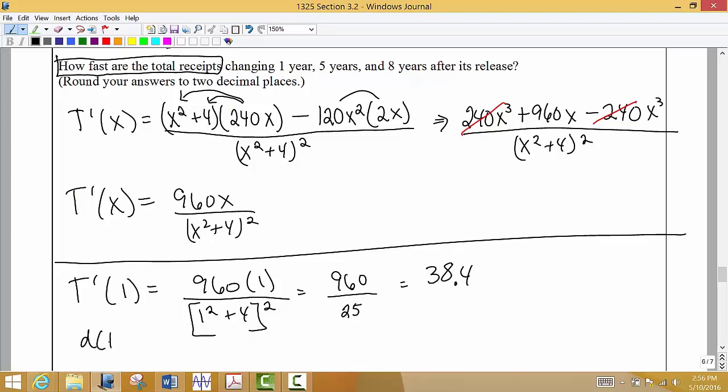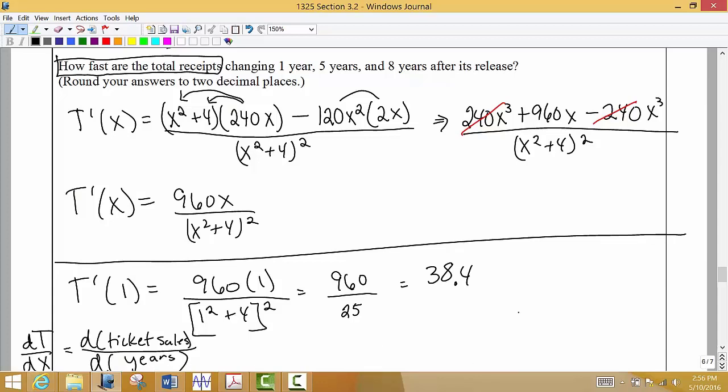So the change in ticket sales, divided by the change in the years. So we can think about this as dT dx. Change in ticket sales, the receipts brought in, divided by the change in the years.